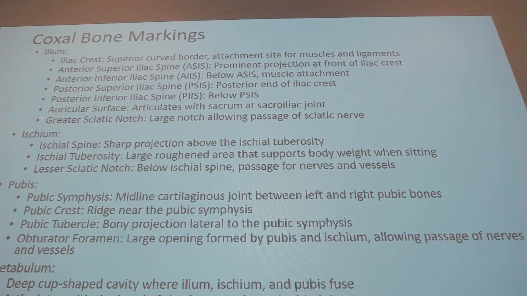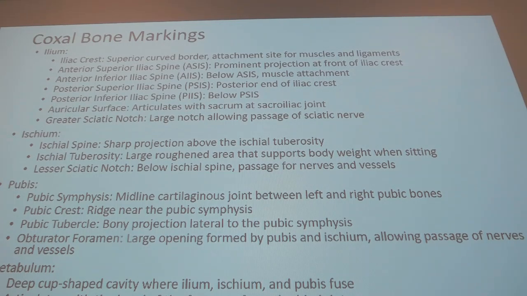And then below the posterior inferior iliac spine, we have a broad notch called the greater sciatic notch. The longest nerve, which exits from the spinal cord, runs in there to provide function to many of the muscles of the thigh.